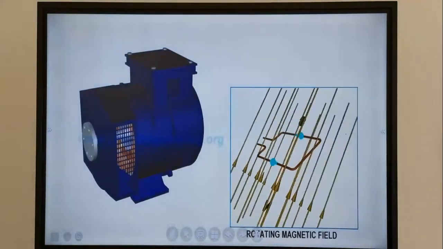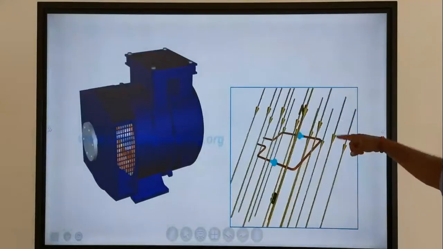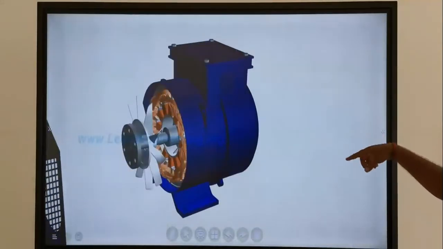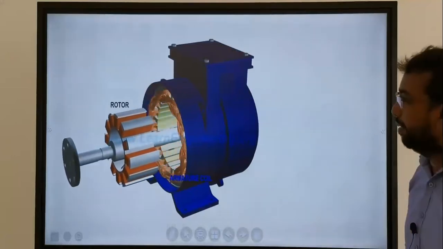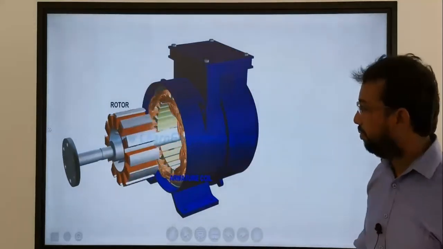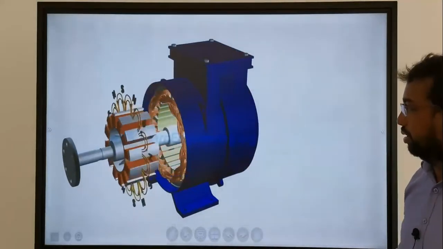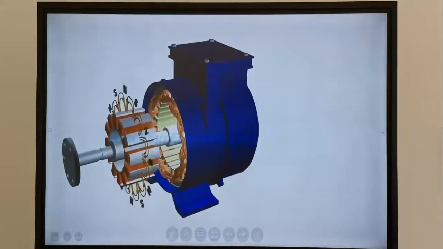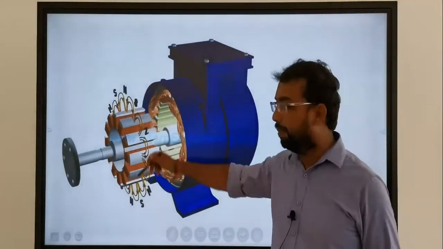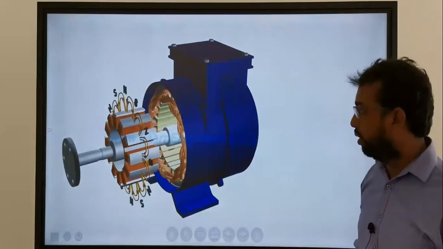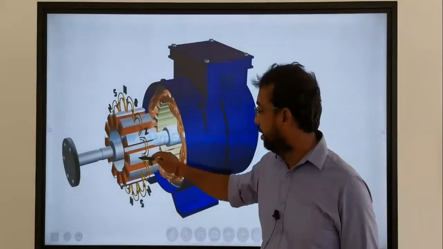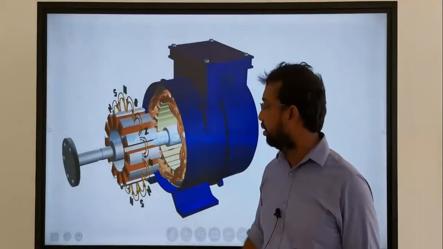Here the magnetic field rotates and the wire is stationary. The main part is the rotor. You can see this type of rotor is called a salient pole rotor, and these are the coils.